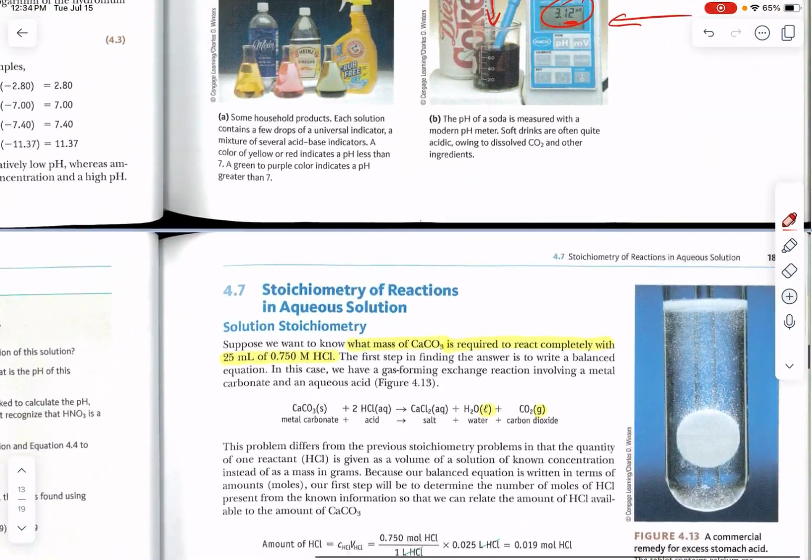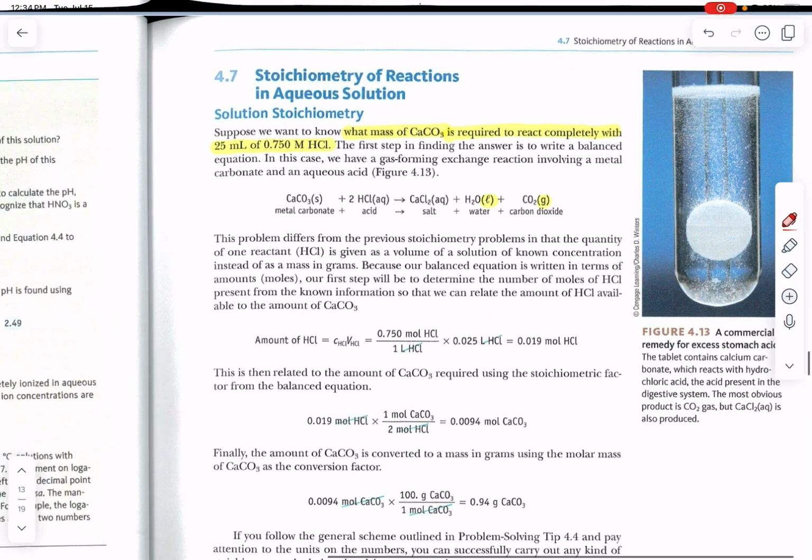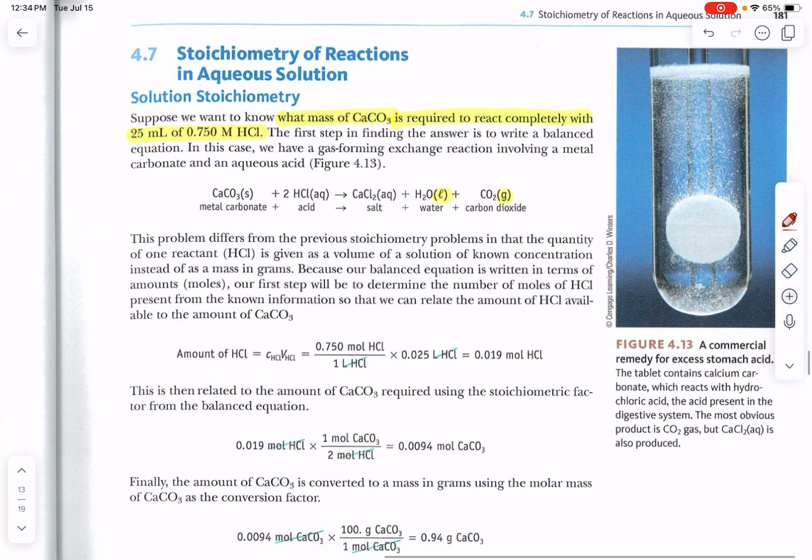And coming over here, stoichiometry of reactions in aqueous solutions. So what if we're asked this question: what mass of calcium carbonate is required to react completely with 25 mL of 0.750 molar HCl? Now you should remember that 99 times out of 100, and I'm making that number up, but almost every time you see a volume and a molarity, you're probably going to be multiplying those two numbers together in your calculation.